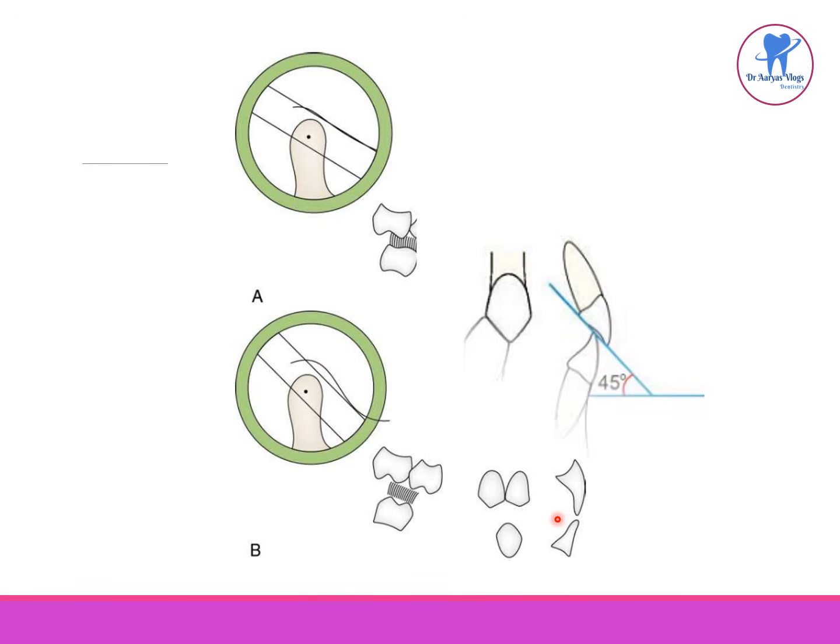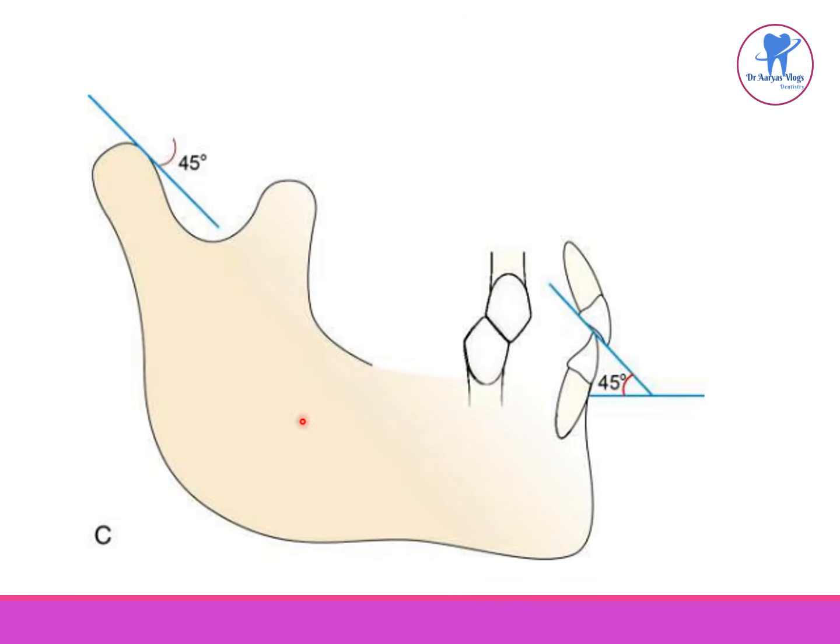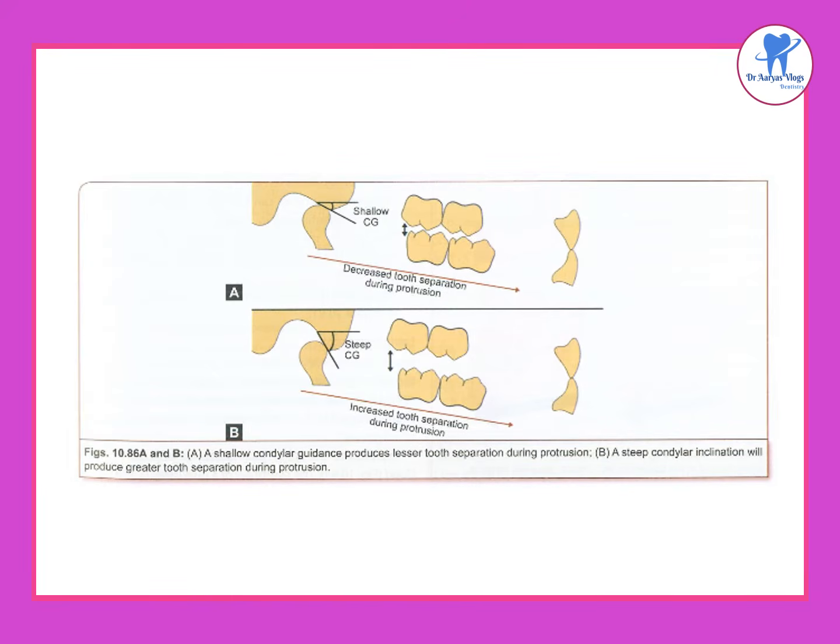The steep condylar cadence requires teeth with longer cusps and deeper fossae to achieve balanced occlusion. So the shallow condylar cadence produces lesser tooth separation during protrusion, and the steep condylar cadence produces greater tooth separation during protrusion.